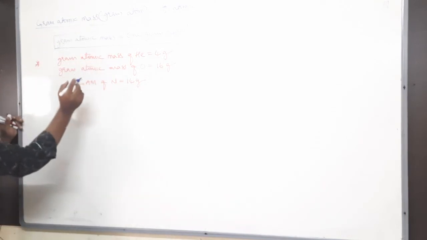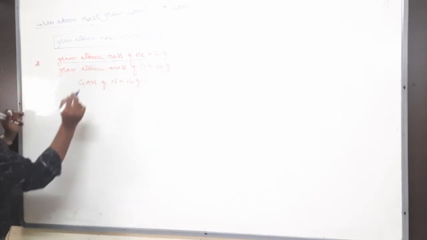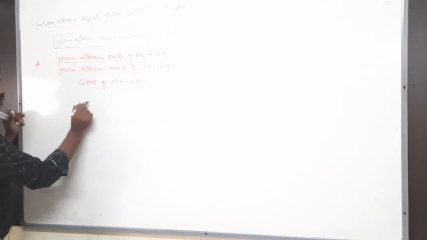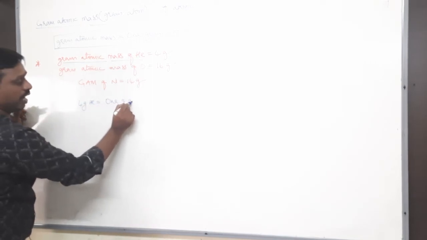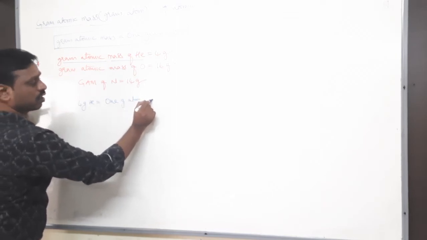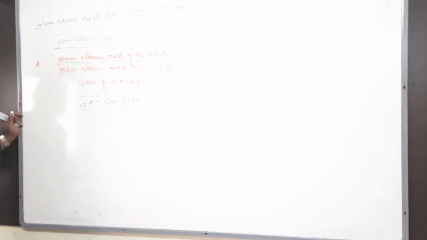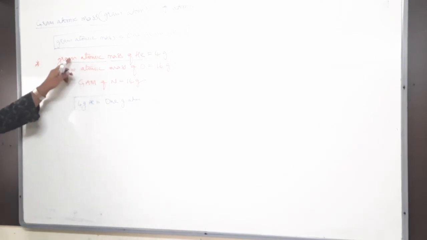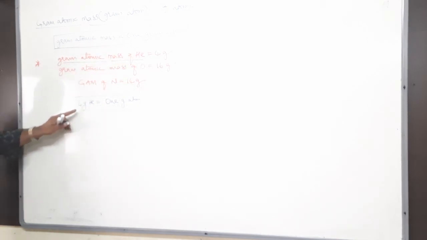Next. As I told you, gram atomic mass is always equal to 1 gram atom. For example, the gram atomic mass of helium is 4, meaning 4 grams.